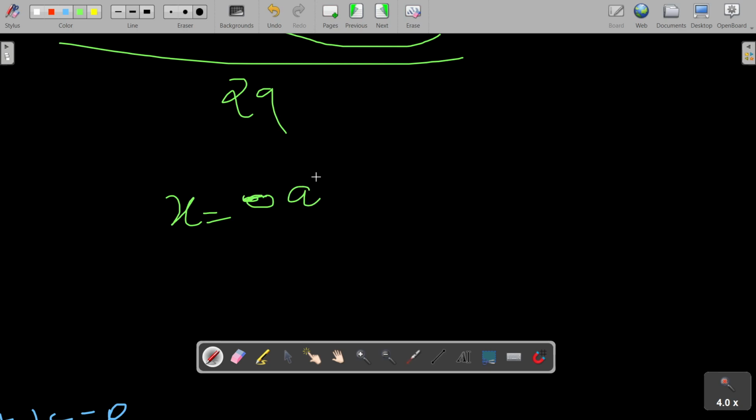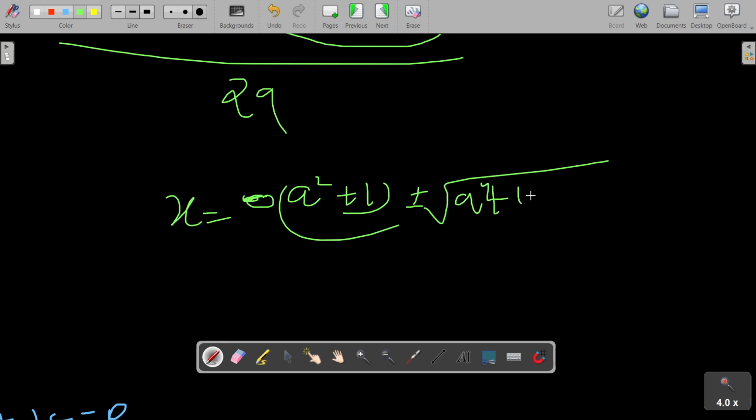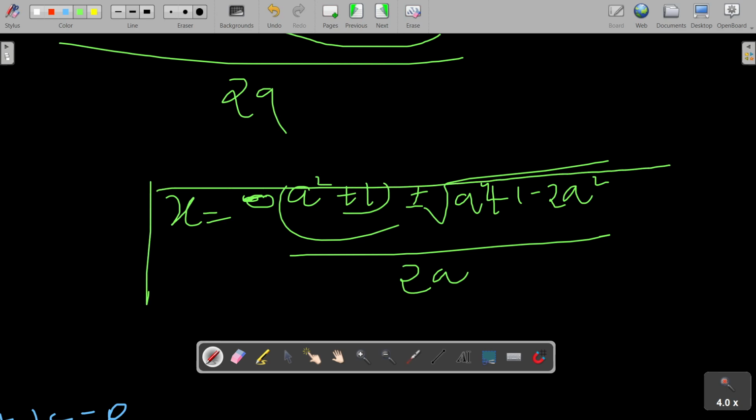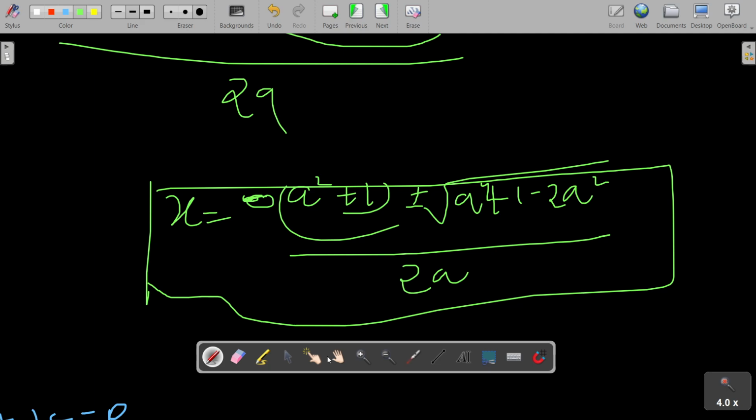So the solutions, I'm writing solutions, are a power 4 plus 1 minus 2a square, over 2a. These are the solutions for the above quadratic equation.